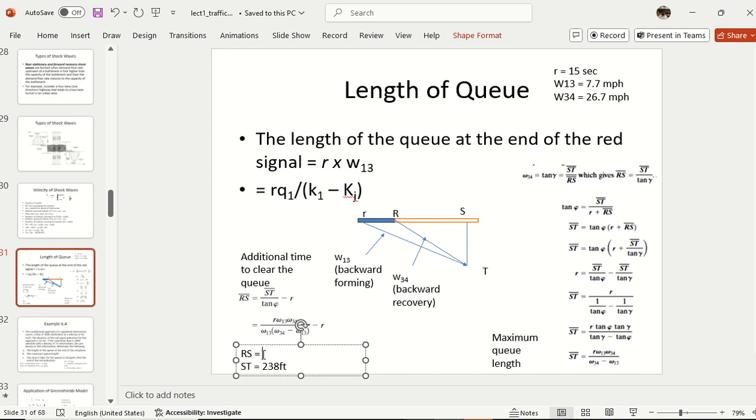Okay. R is in seconds. Small r is in seconds. You convert it to hours, so you can put it in the equation because these values, W values, are in miles per hour. So R should be in hours. Okay. Once you get the value of ST, it will be in miles because this was miles per hour. So ST will be by default in miles. Okay.